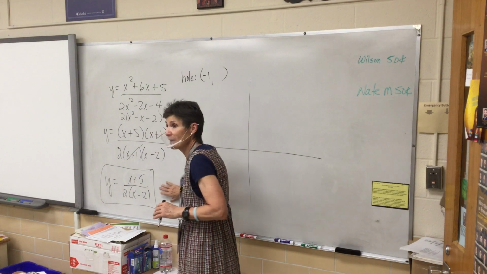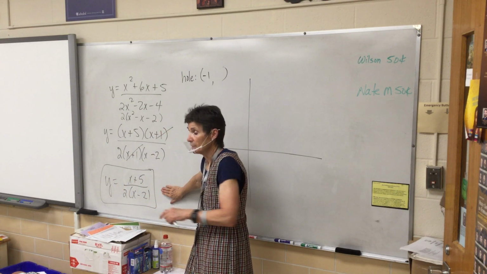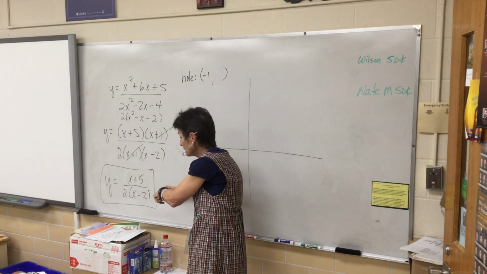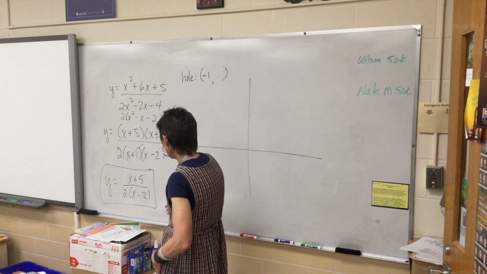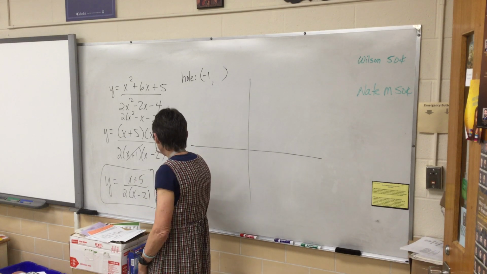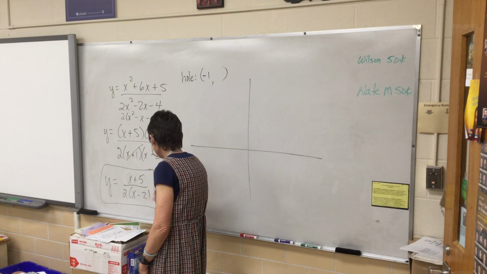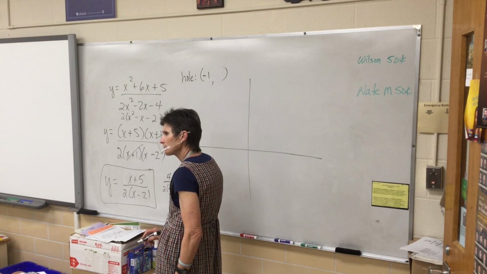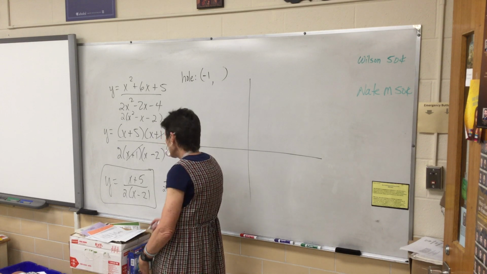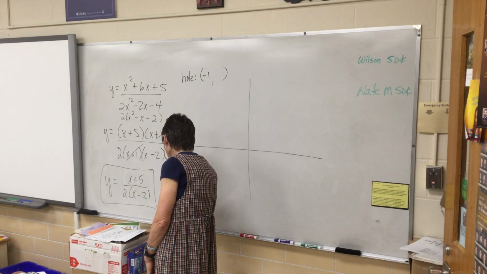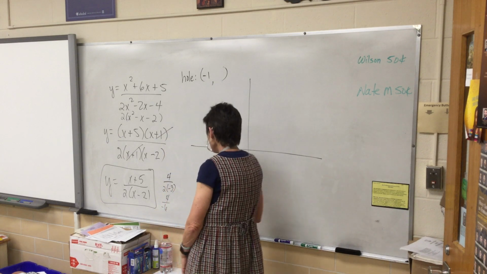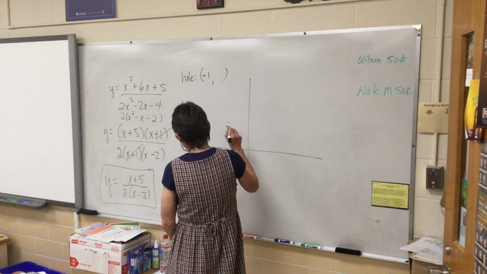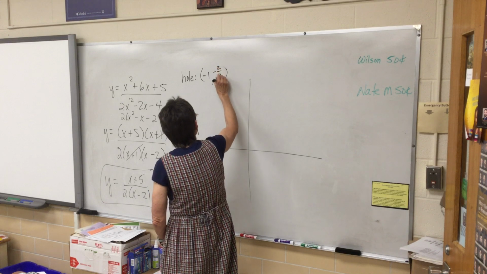Then how will I find my y? Plug it in right here. So if I plug in -1, I'm going to get 4 on the top and 2 times -3 on the bottom. So that's going to be 4 over -6, which reduces to -2/3.